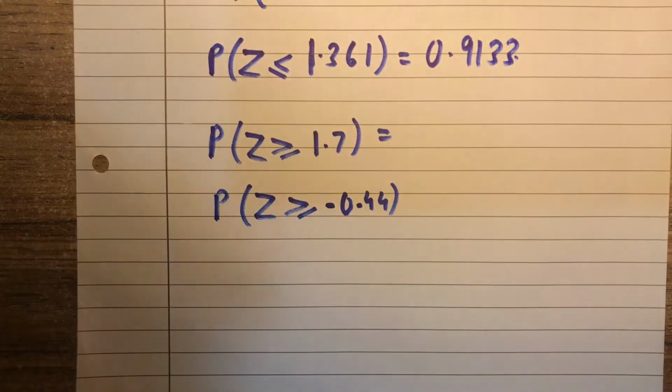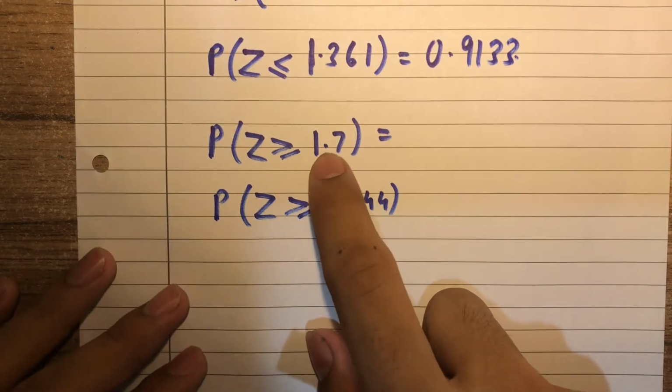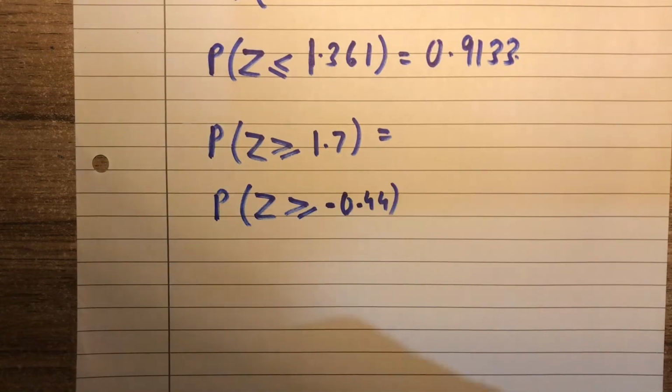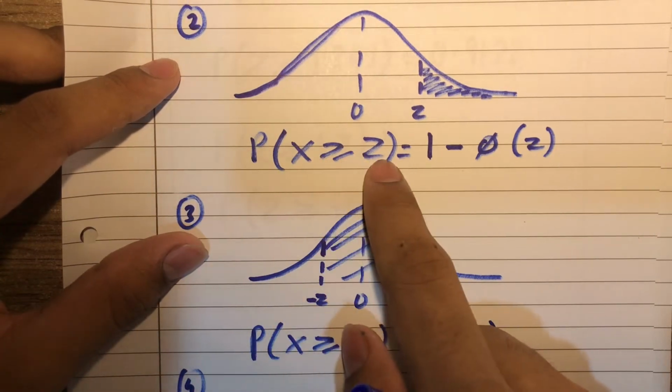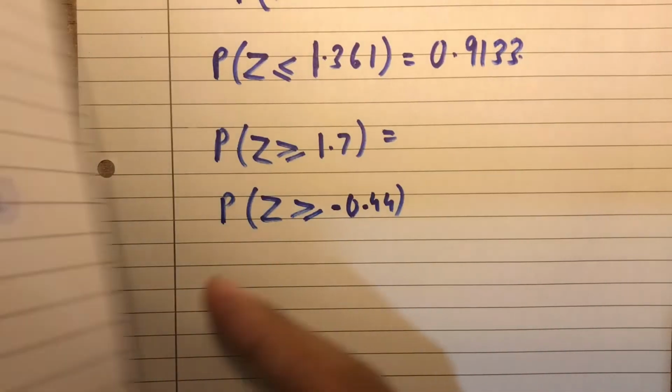0.9133. Then there's P(Z) greater than or equals to 1.7. This is the second case where x is greater than or equals to z. So basically over here we have 1.7.